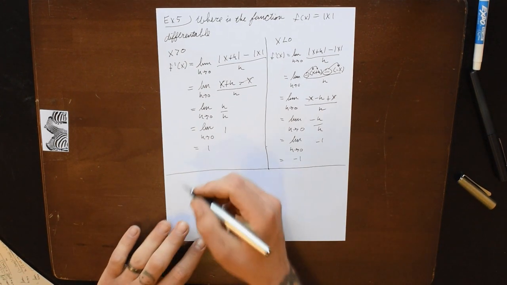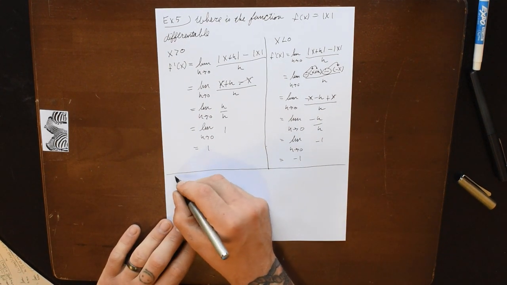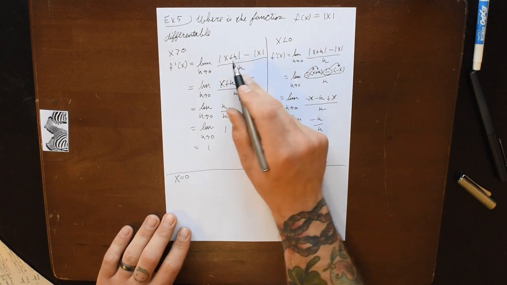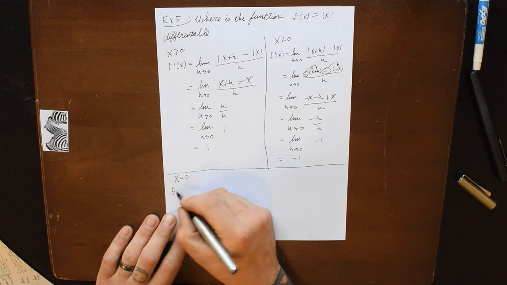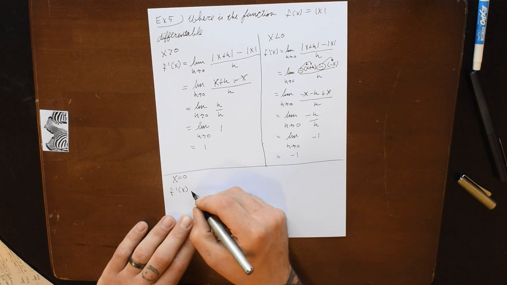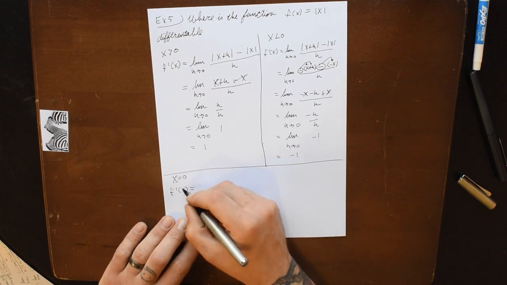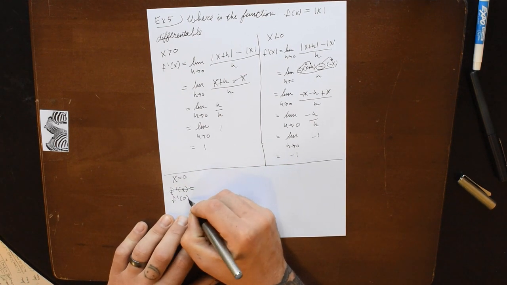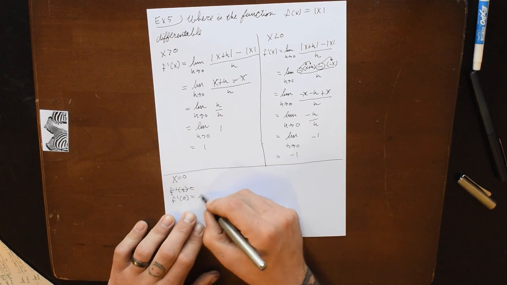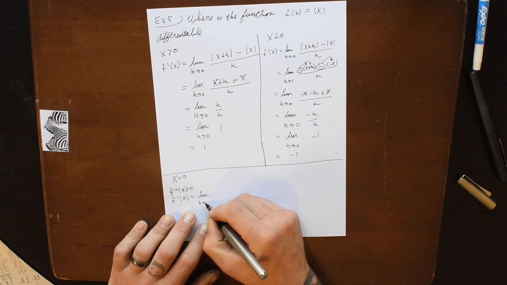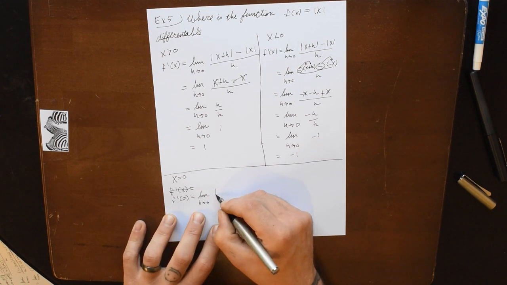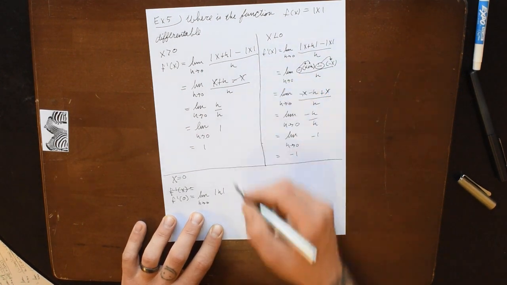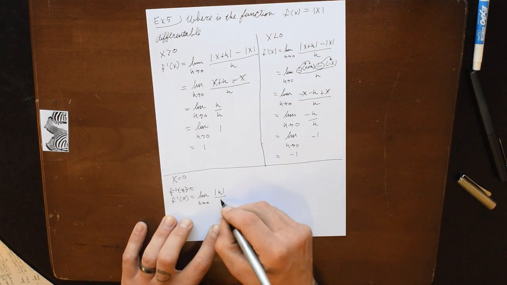Well, let's check what happens when x is equal to 0. Going back up to this definition, f prime of 0 is going to be equal to the limit as h goes off to 0 of the absolute value of h minus the absolute value of 0, all divided by h.